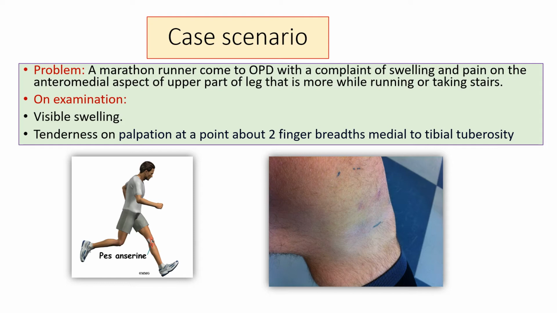And on examination, a visible swelling is seen on the anteromedial aspect of the knee. And there is a tenderness on palpation at a point about 2 finger breadths medial to tibial tuberosity.